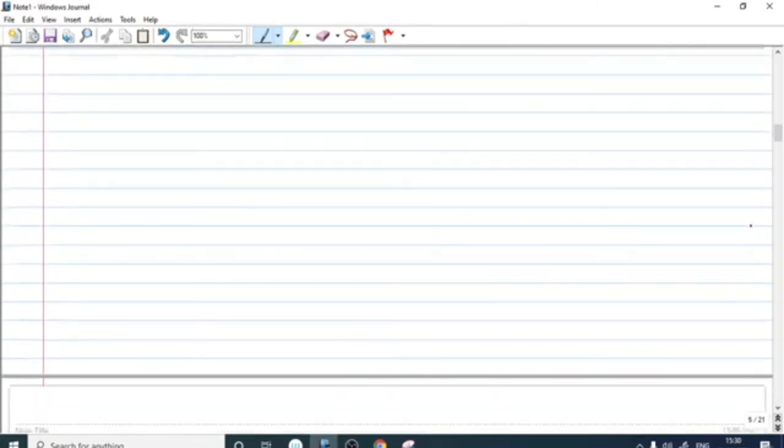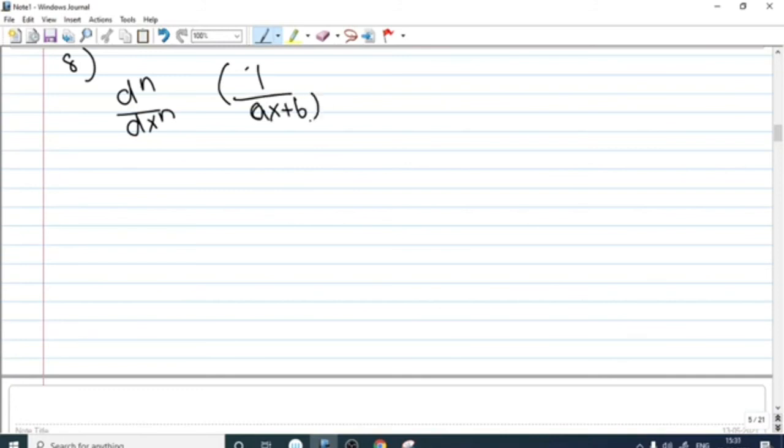Now let's move on to the next formula, the 8th one. The 8th one is d power n dx power n of 1 upon ax plus b, the whole power m.